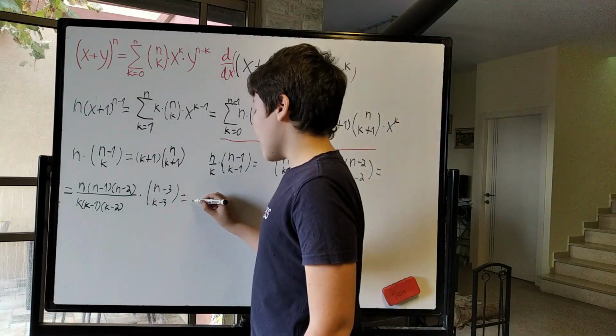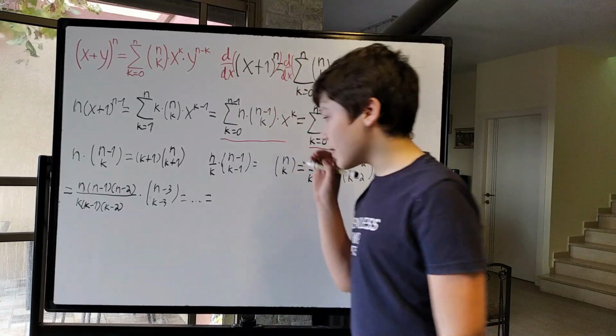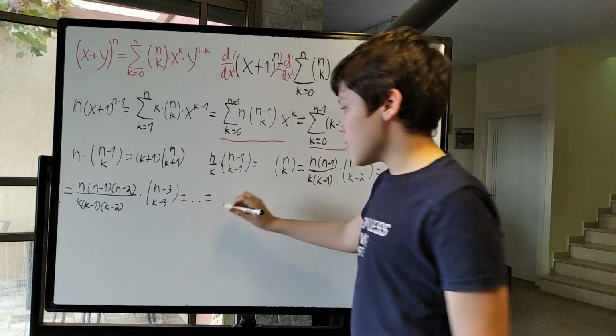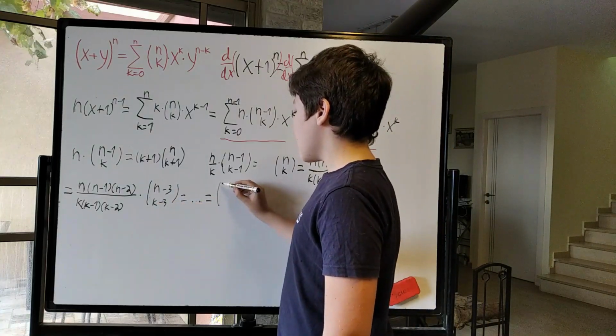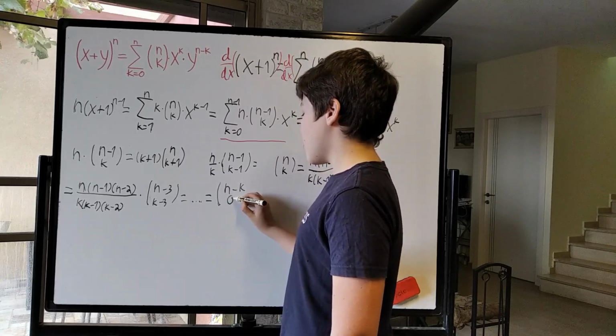Then let's go all out, and we'll have a bunch of equals until we get to where we're subtracting k in the choose. So we'll have n minus k choose 0.